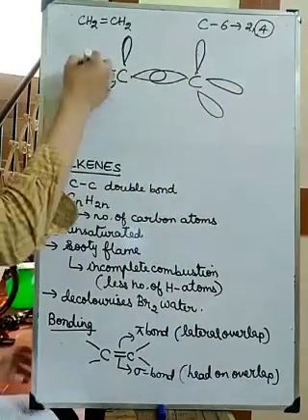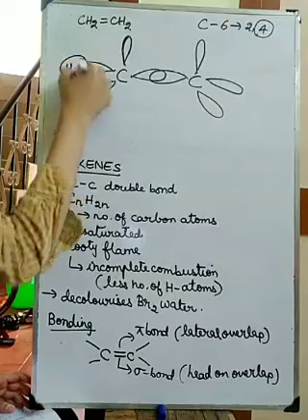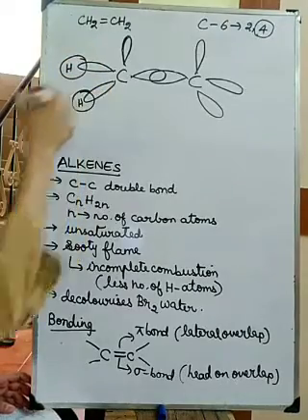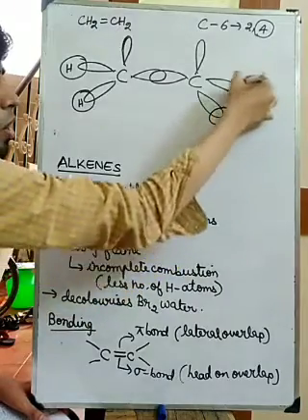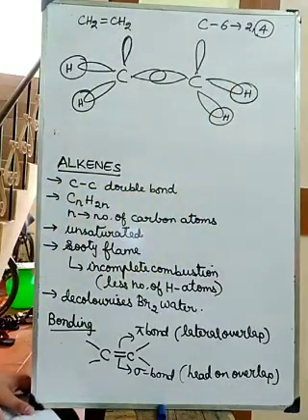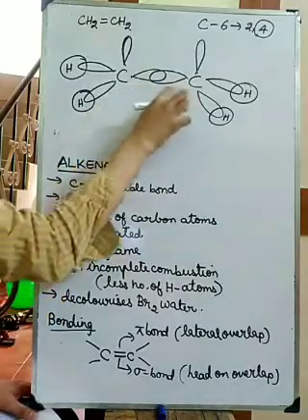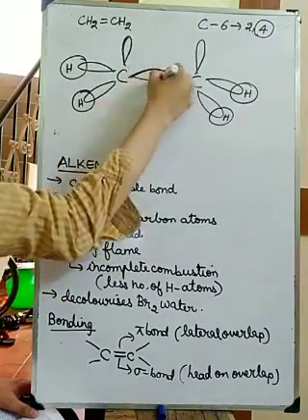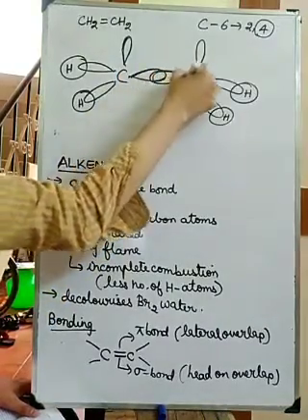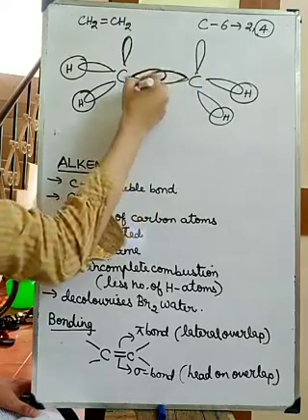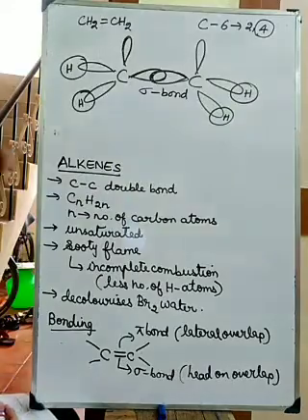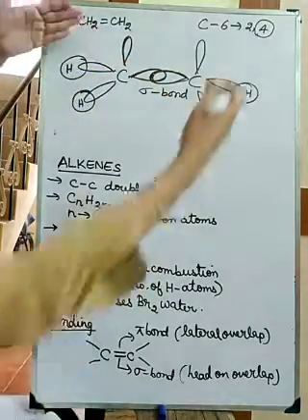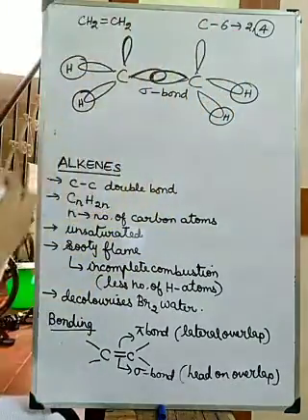These 2 orbitals will form bonds with 2 hydrogen atoms, and these 2 orbitals will form bonds with 2 hydrogen atoms. These 2 carbon orbitals have head-to-head overlap, so they will form a sigma bond. But these 2 orbitals are not forming head-to-head overlap.